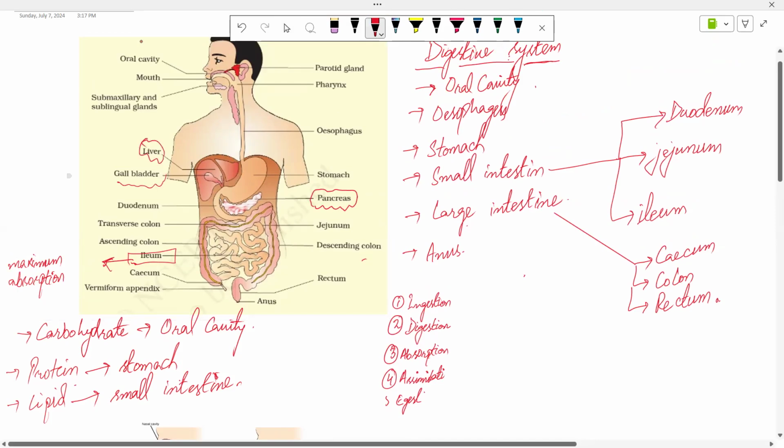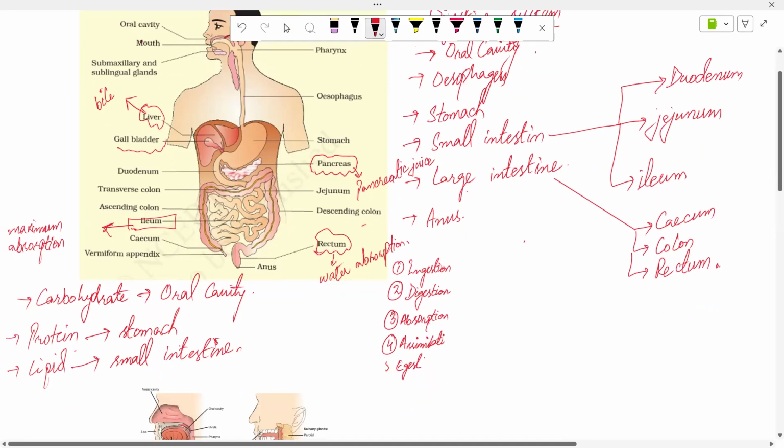These two are the main glands of the digestive system. Liver secretes bile, and pancreas secretes pancreatic juice. Now, the rectum helps in water absorption. These are a few pieces of information about the digestive system.